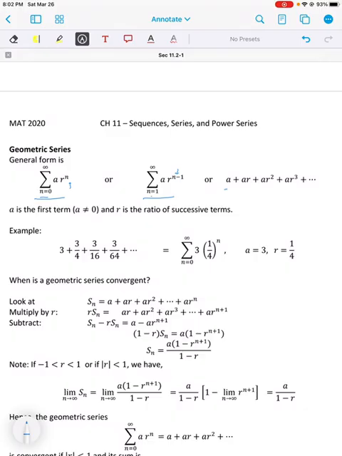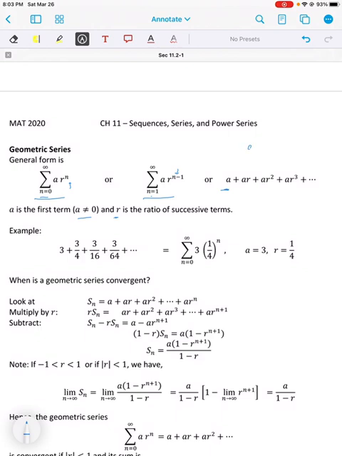and so on. Here a is the first term, and notice that a has to be non-zero, because if a is 0, everything is 0, and then the sum of the series is 0. So a is some non-zero term, and it is the first term, because you see the first term is just a here. And what is r? r is the ratio of successive terms.